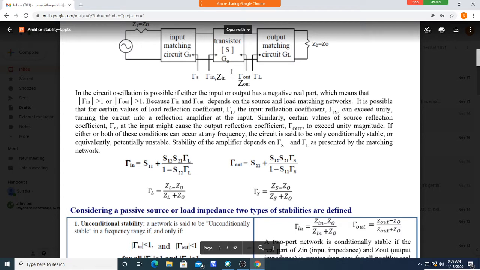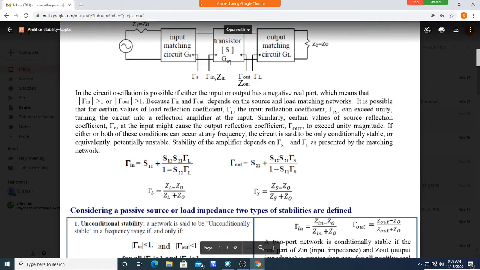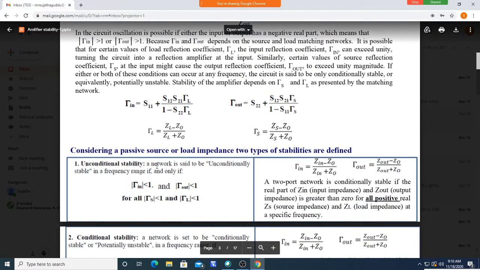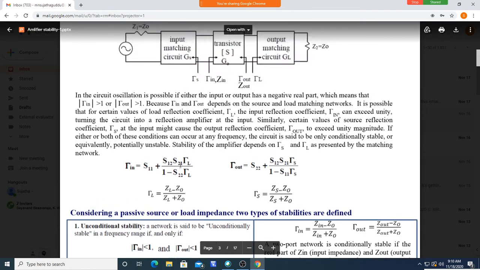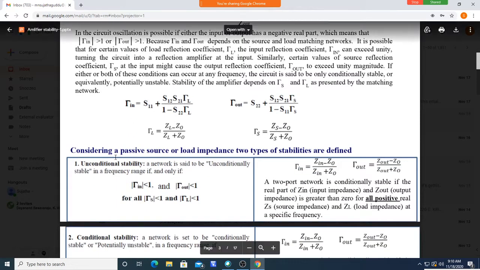From the transistor S matrix, we can come to know whether the device is unconditionally stable. That means you can use any value over the Smith chart.